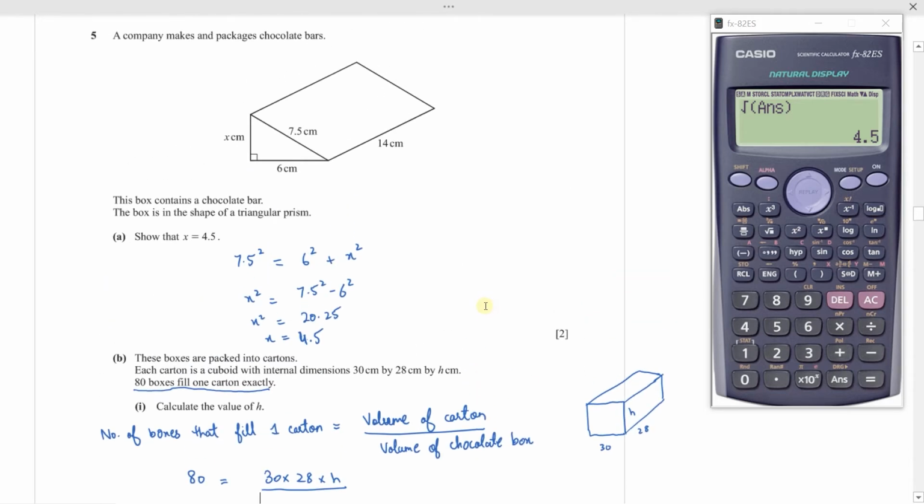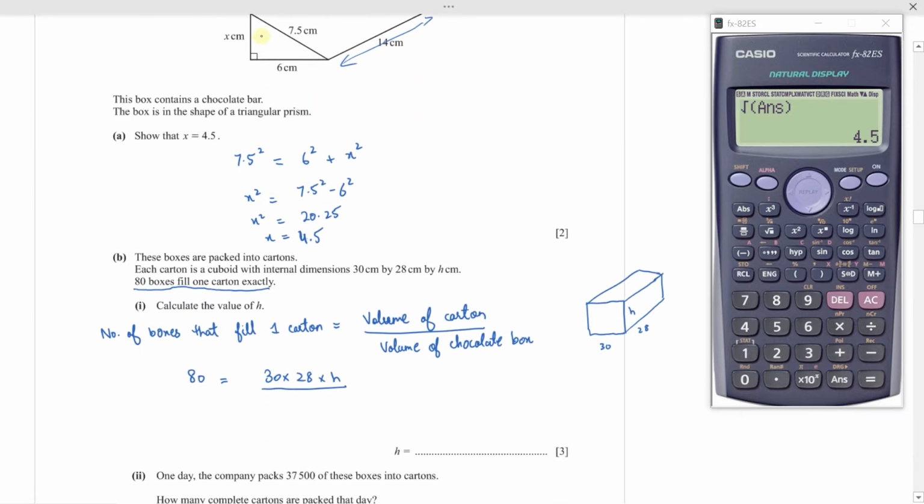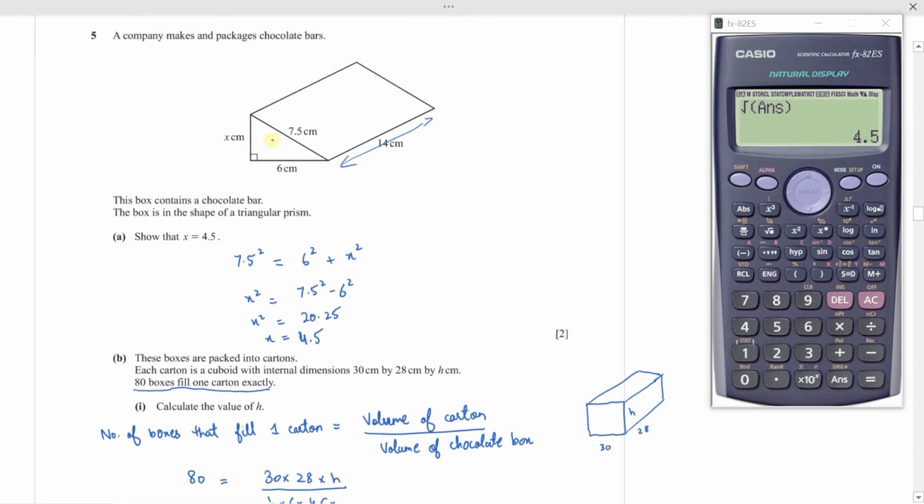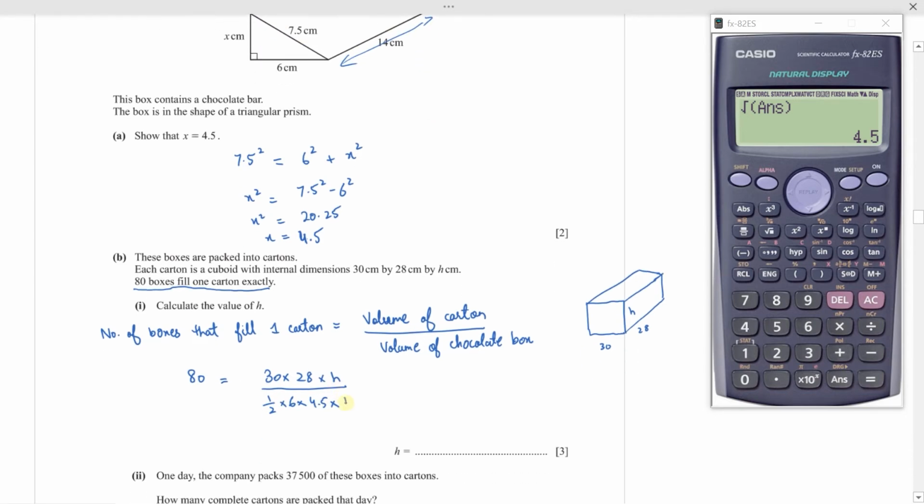So volume of chocolate box will be the area of this base or the cross section, which is a triangle, multiplied by the height of this triangular prism. So height is 14. So the base area will be 1 by 2 times base 6 times the height x, which is 4.5. This is the base area of this prism, and then we multiply it by the height, which is 14, to get the volume of one chocolate box.